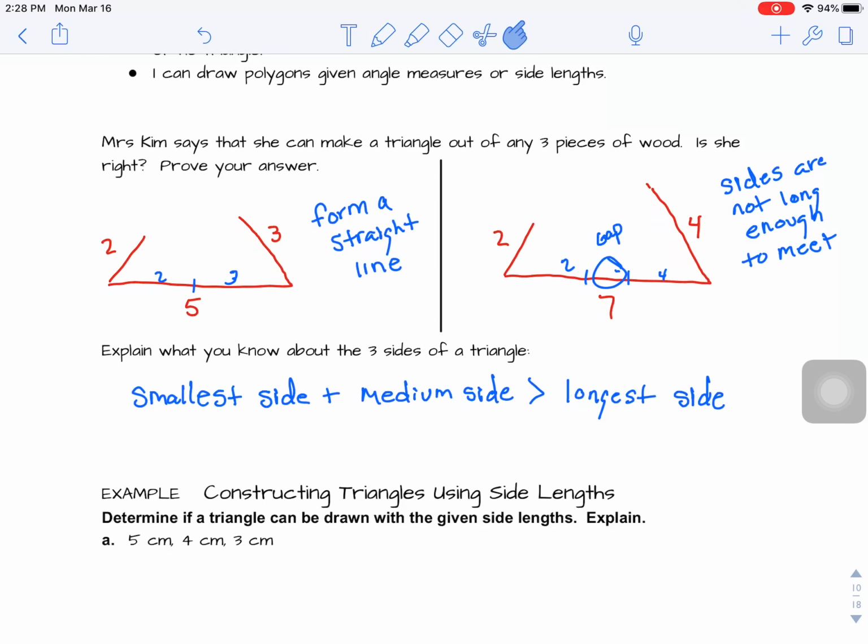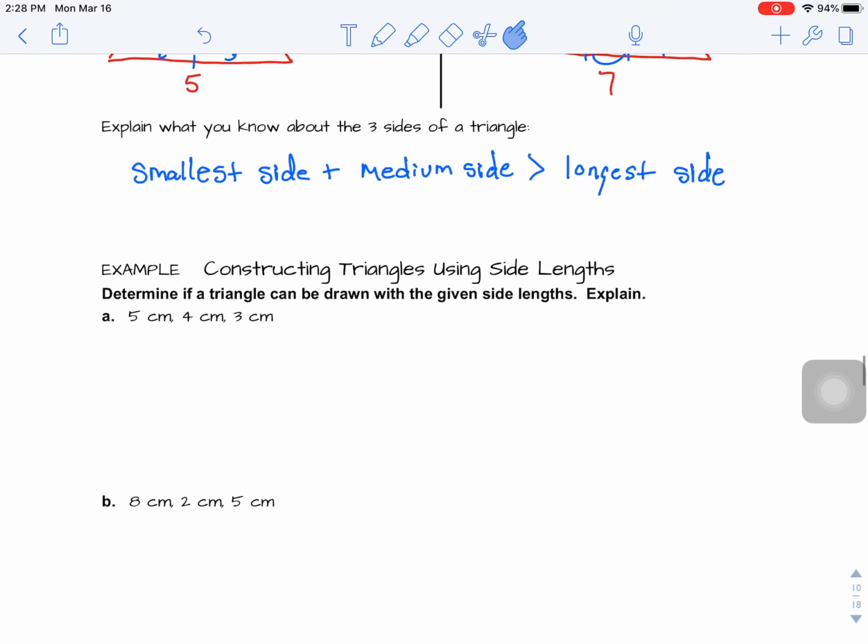Let's look at these examples below. The smallest side is 3, the medium side is 4, and the longest side here is 5. If I add those up, 3 plus 4 gives me 7. 7 is greater than 5. So yes, this forms a triangle.